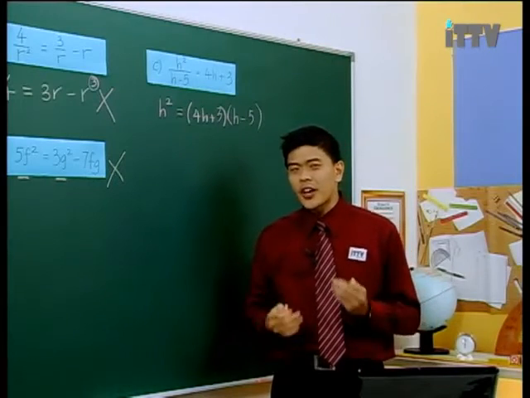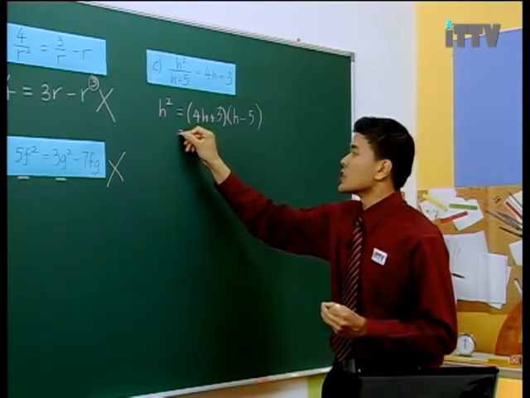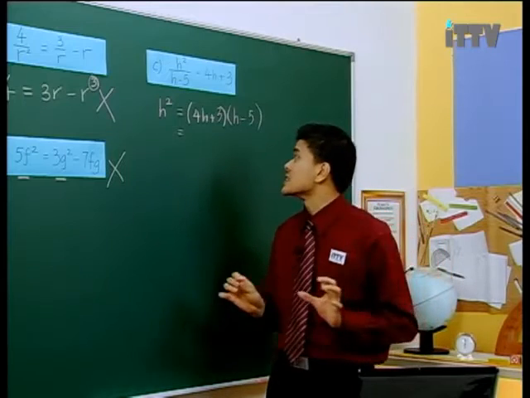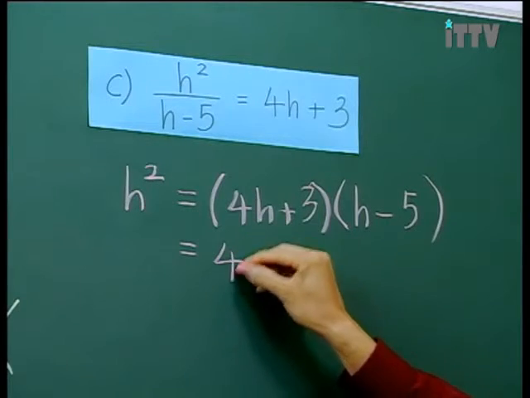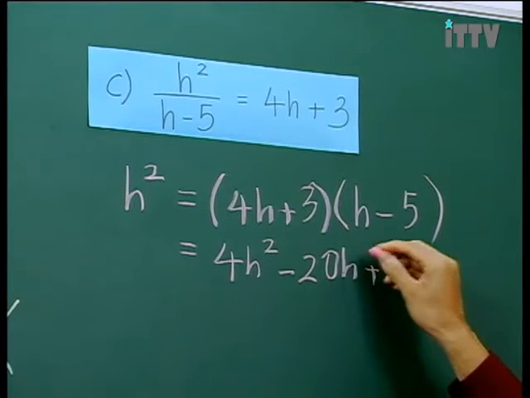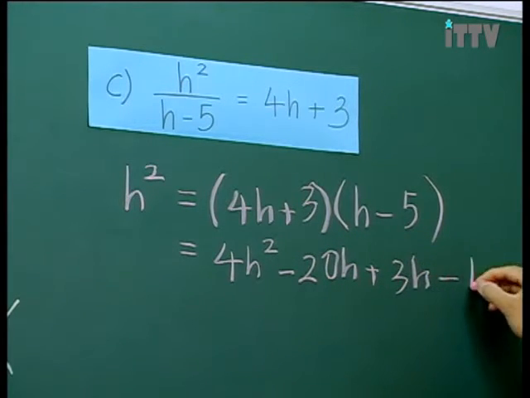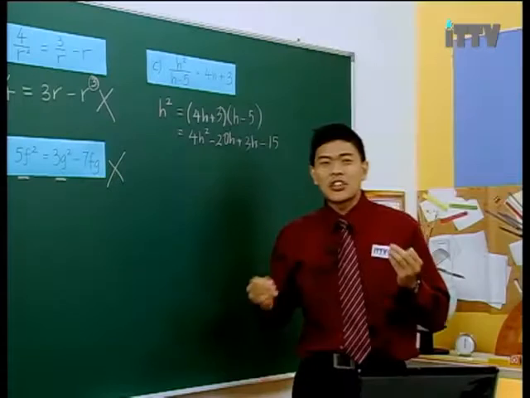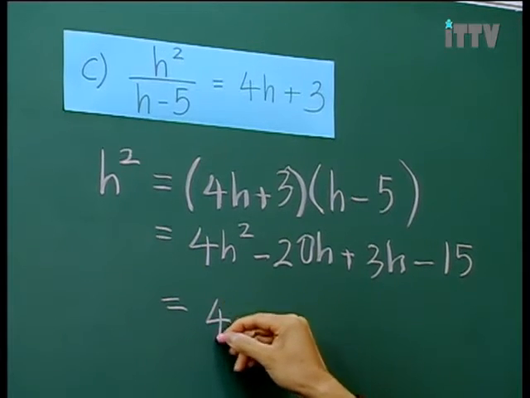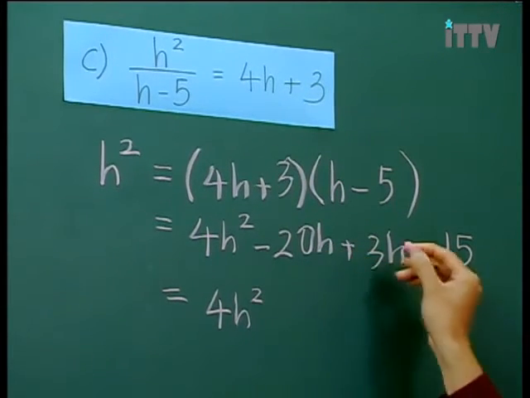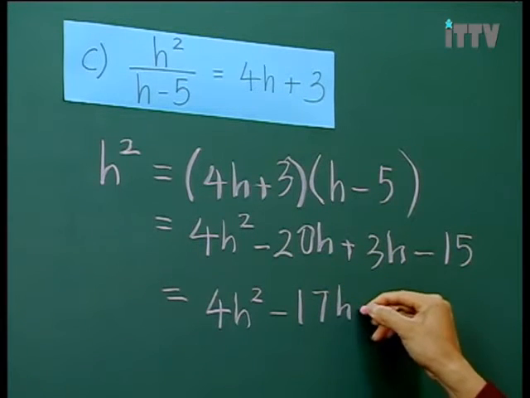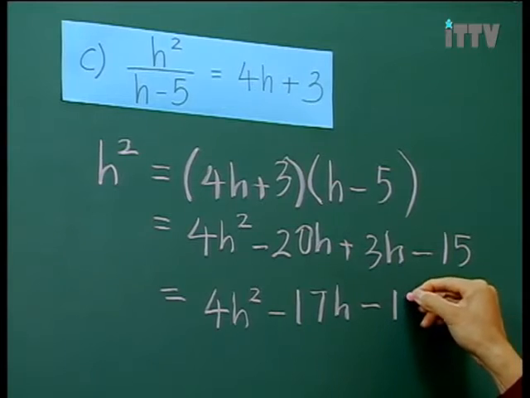And now try to expand the equation on the right hand side. Remember, no brackets because we want terms by themselves. So expand slowly. And try to simplify the equation. Follow me. 4h squared and minus 20h plus 3h gives you a minus 17h and minus 15.